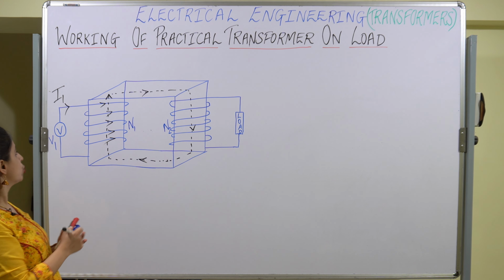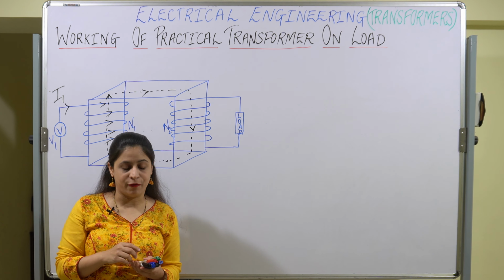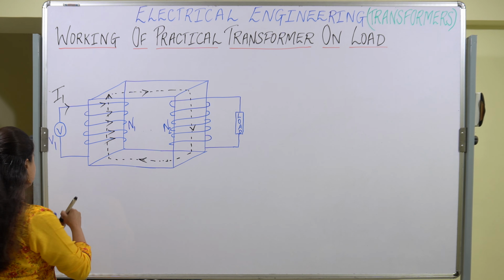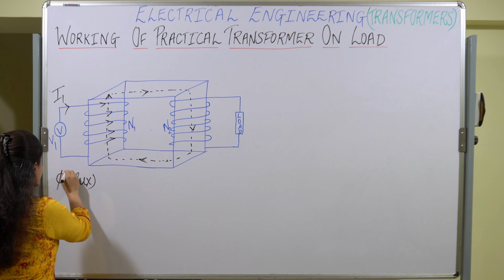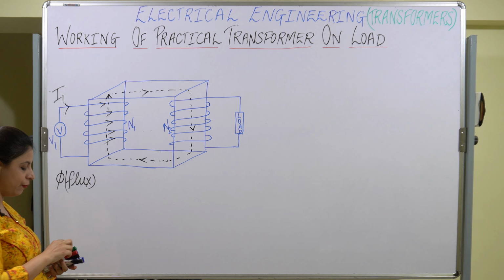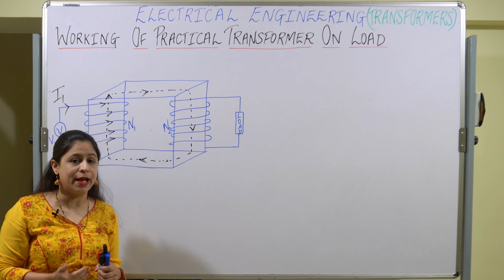Okay. So we already know that the flux depends upon the MMF, and MMF is given by the product of the number of turns and the current.